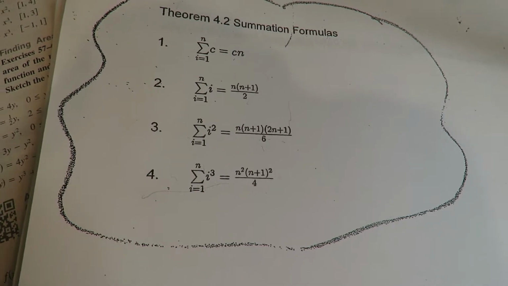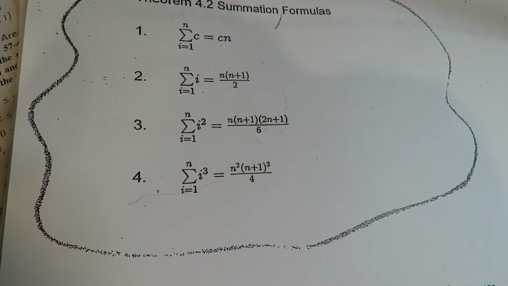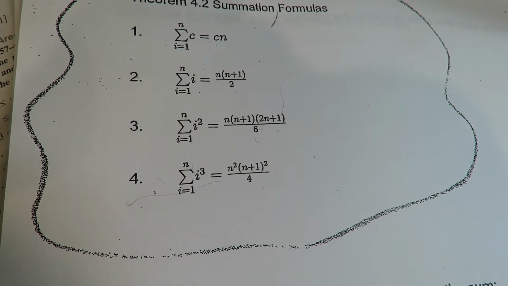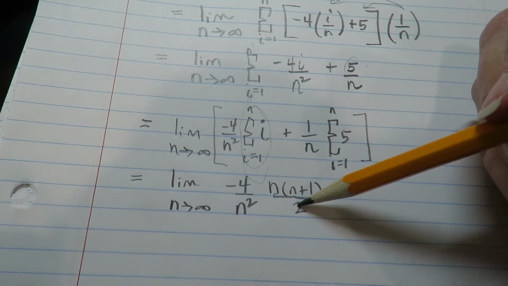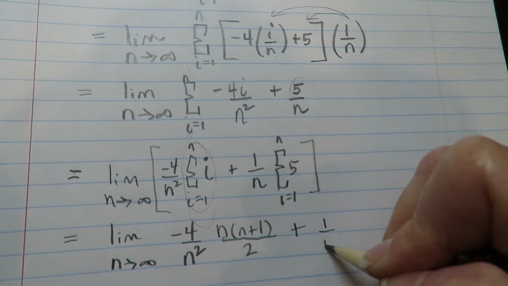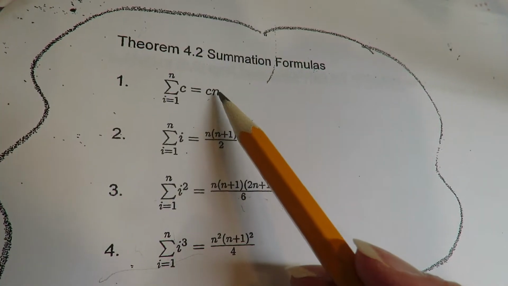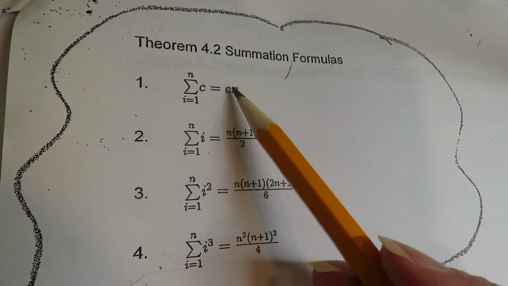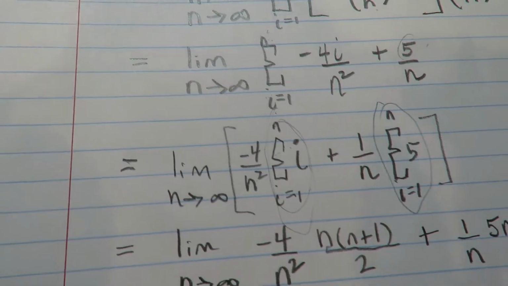The formula for i, I'm getting it from over here, this one, n plus 1 over 2. So I'm replacing this whole thing with that. Now over here, I'm replacing this whole thing with this, except that the constant is 5, so you're going to see me write 5n. Now it's up to you.